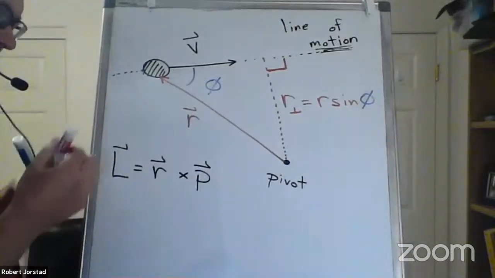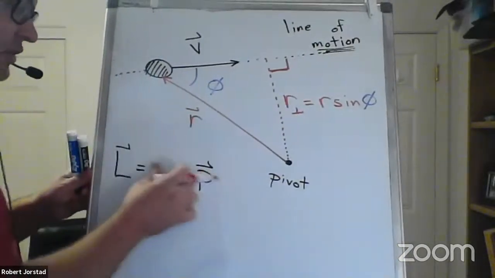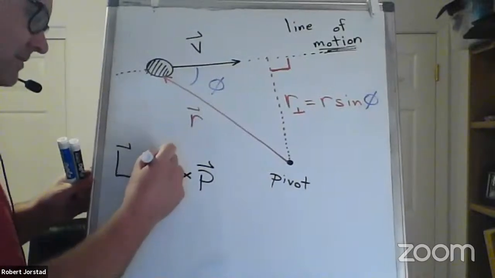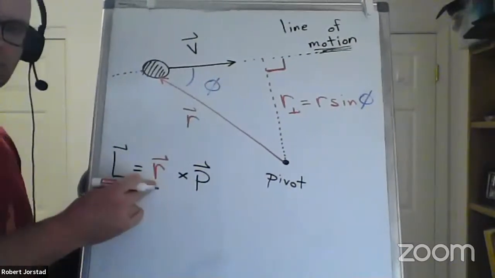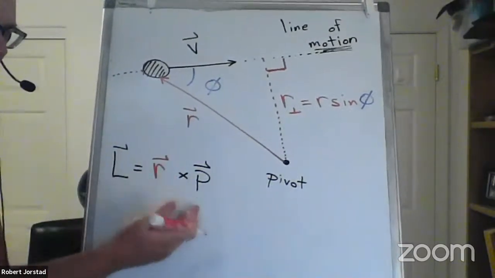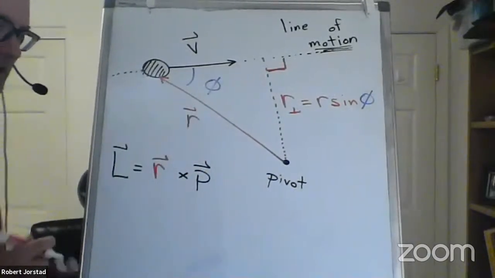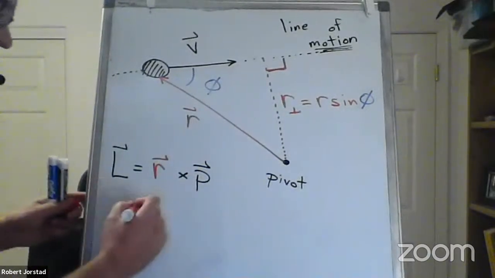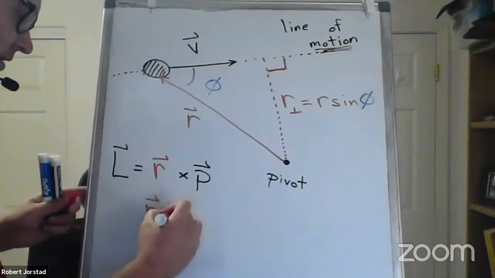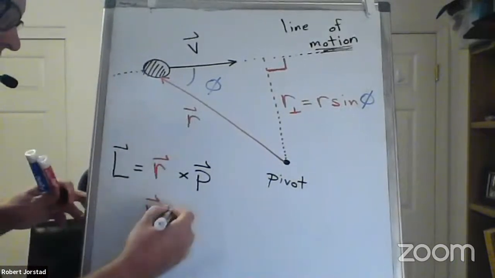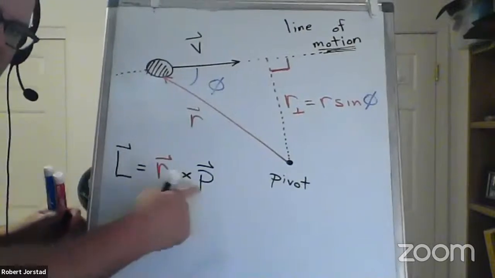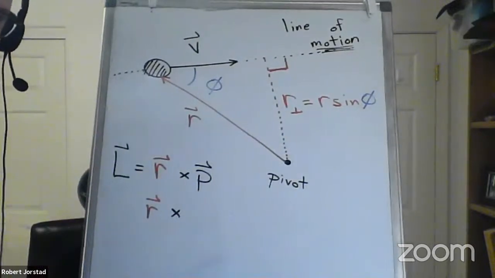So let me actually color code this. You take the normal momentum vector and you cross product it in this specific order with this r vector. So notice this would be r crossed with, does anybody remember what momentum was? Mass times v.